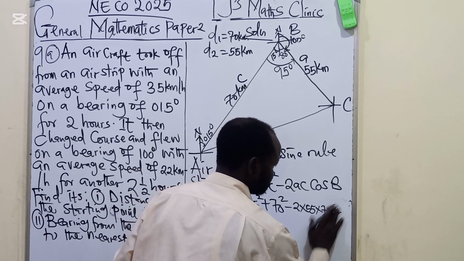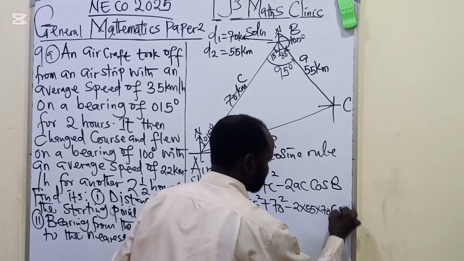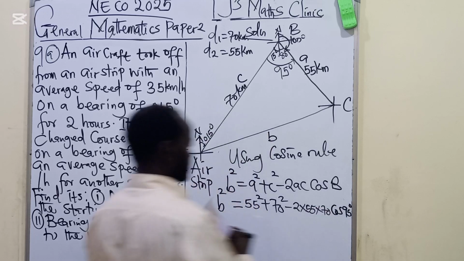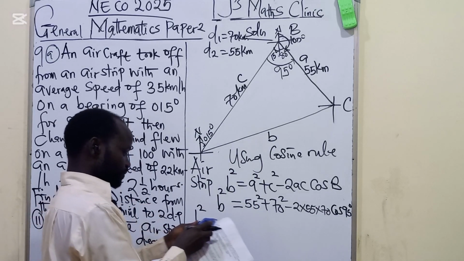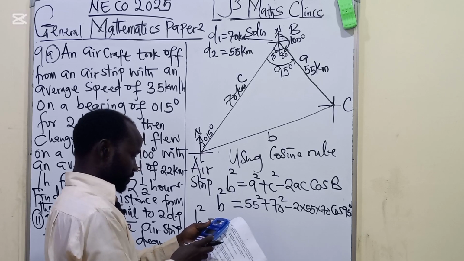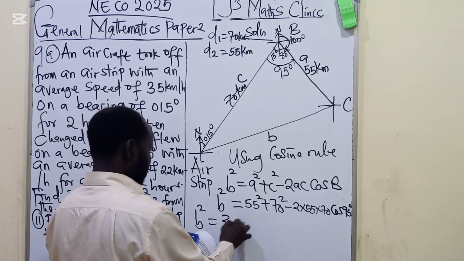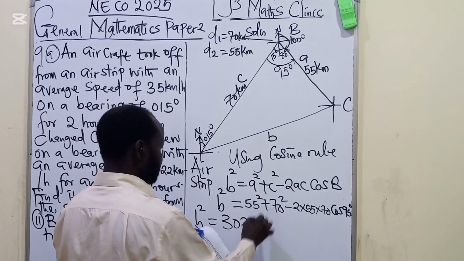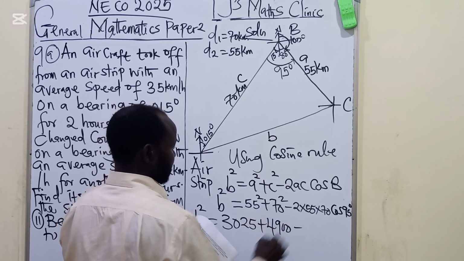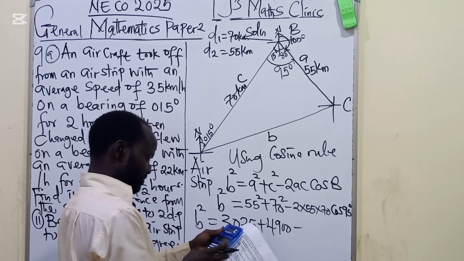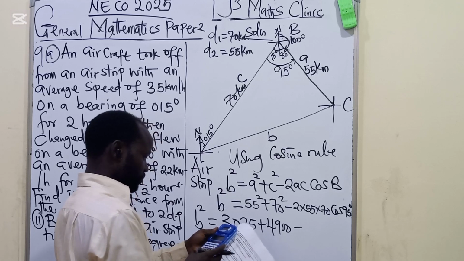So this is 95 degree. Let me write it well. This will be cos 95 degree. So let's use our calculator. B square now will be equals to 55 square. We have 3025 plus 70 square means 4900 minus 2 times 55 times 70. What do we have?